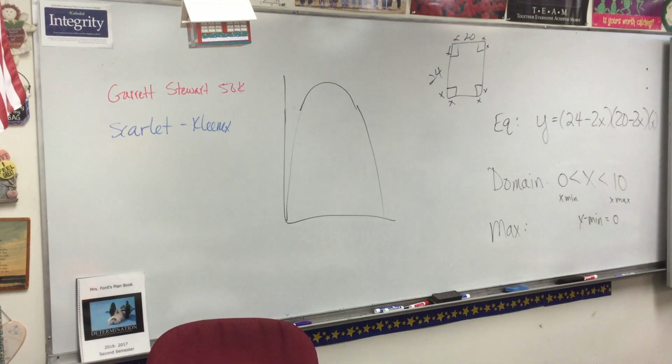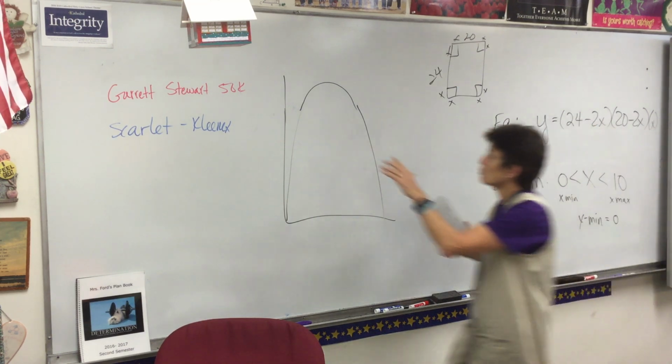Okay? So now we're going to find our maximum. So what buttons do I press? Second calc, right? Second trace. It's the trace button, but I'm using the calc part of it. And then I go down to maximum. And then I use my arrow buttons to move the cursor to the left. And kids, please don't sweat it.